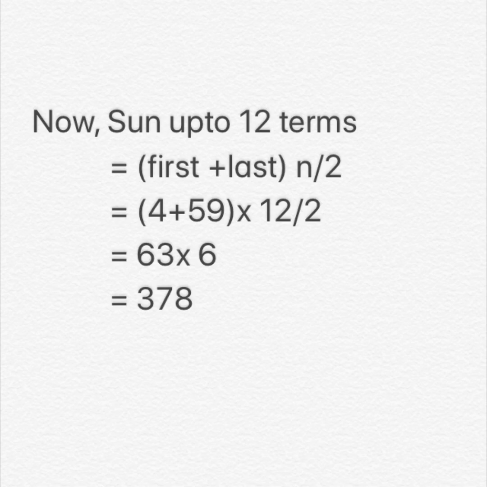Outside brackets we write n by 2. n is 12, so 12 by 2. Inside brackets 4 plus 59 added becomes 63. Half of 12 is 6. So we get 63 into 6. So the product is 378. See, this is how we find the sum up to 12 terms of the given arithmetic series.